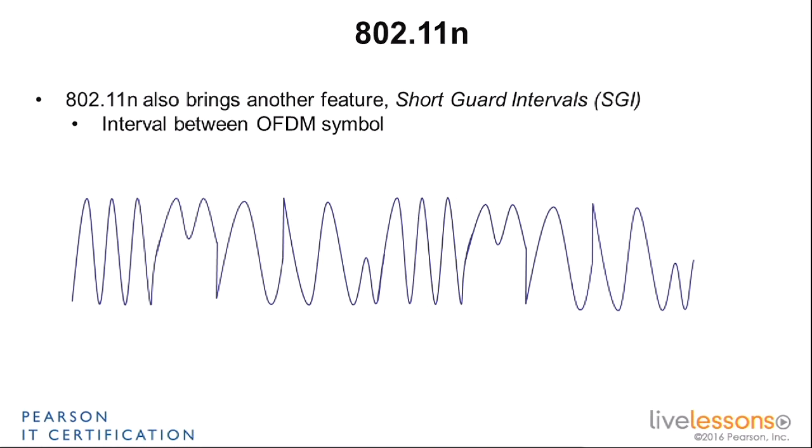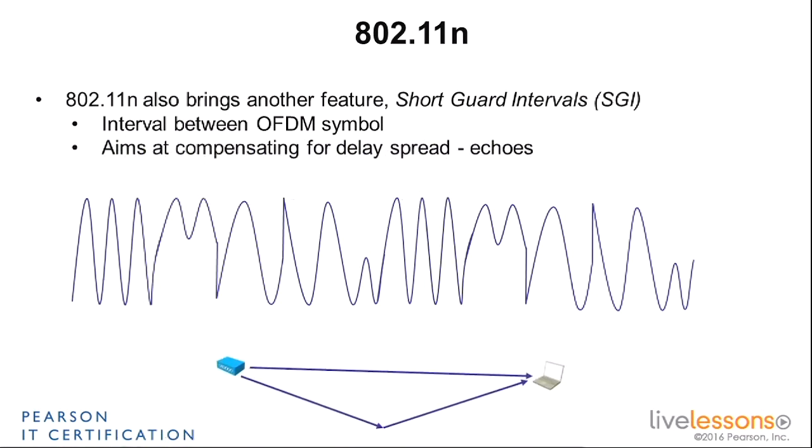In worst case scenario, in large open environments, it may take up to 50 nanoseconds, but we are way, way, way below 800. So why don't we reduce that silence, which is called the guard interval, from its normal duration, 800 nanoseconds, to something smaller, for example, 400 nanoseconds. And that's the idea of SGI, short guard interval, reducing that silence from 800 to 400 nanoseconds.